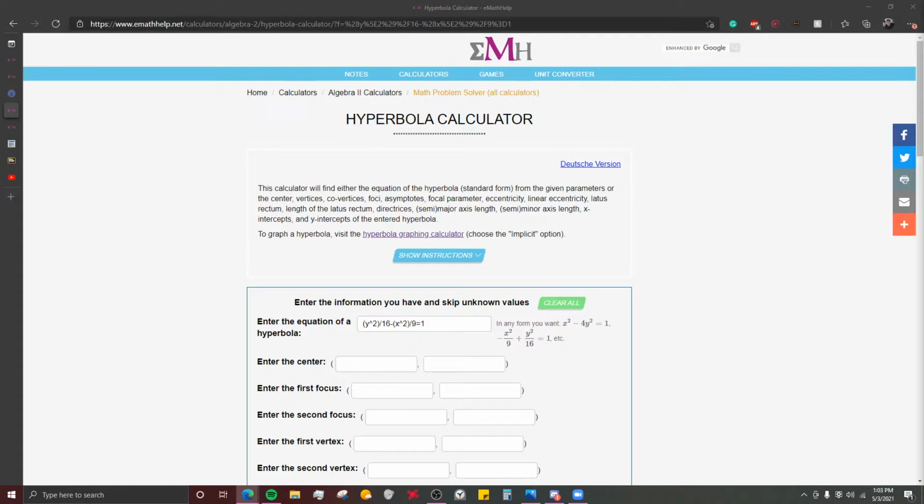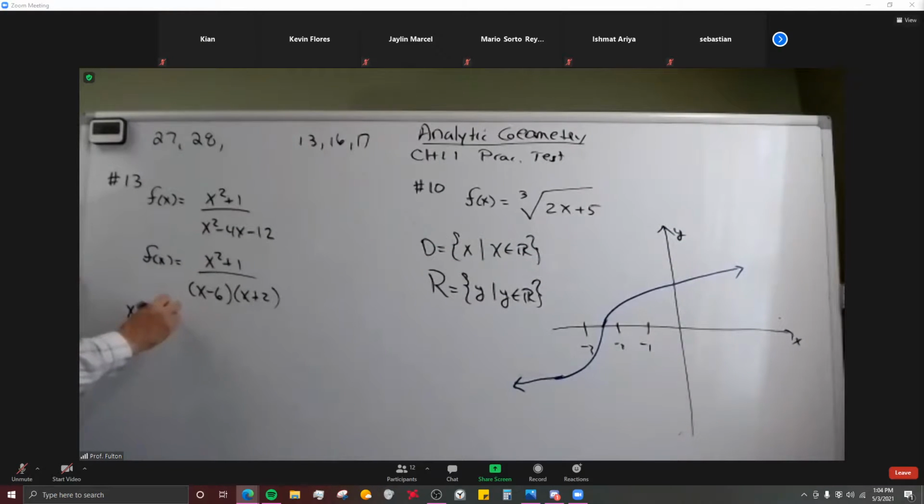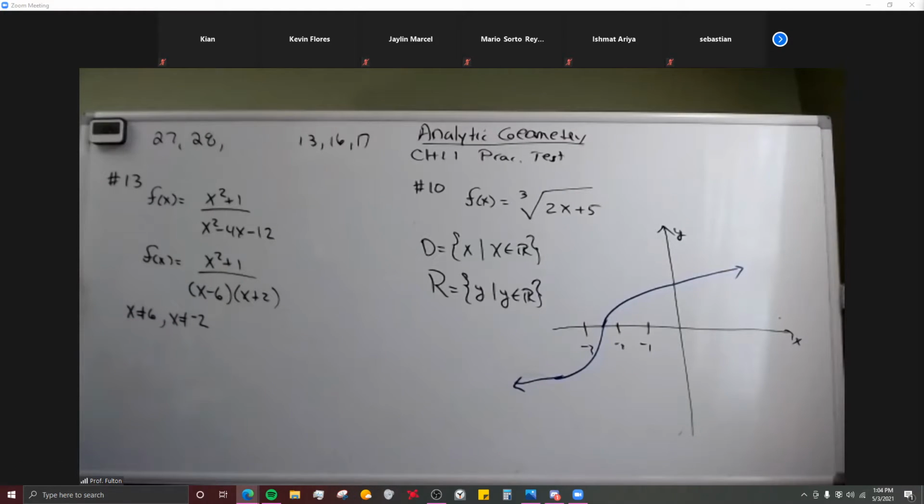This automatically tells me I have two excluded values. So from this, we know that x cannot equal 6 and x cannot equal -2. That gives me information about my domain right away. I'll put it over here. We'll come back to the range after we look at the graph.